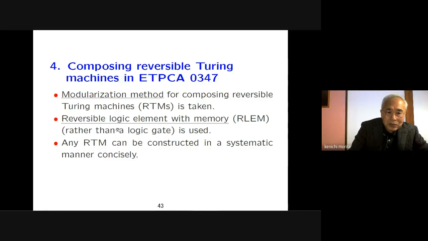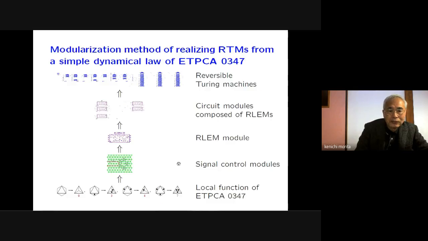And a reversible logic element with memory, RLEM, rather than a logic gate such as the Fredkin gate, is used. Any RTM can be constructed in a systematic manner very concisely. In this manner, modularization method. Okay.